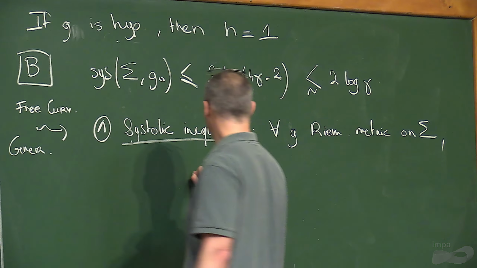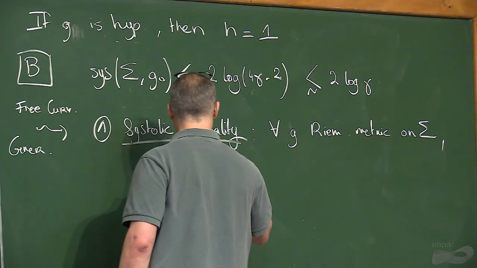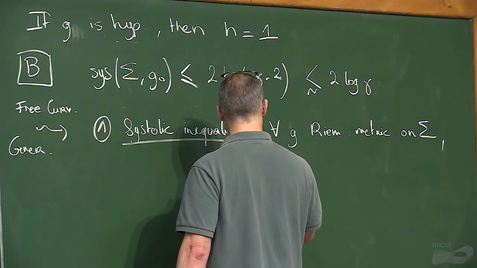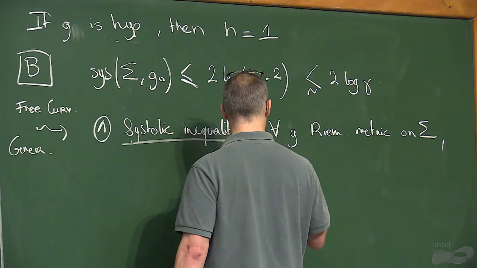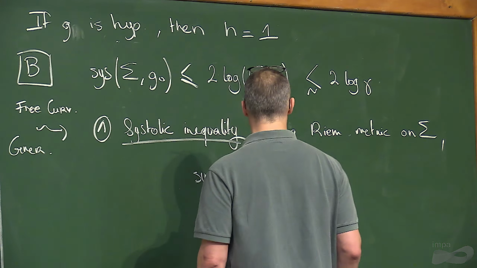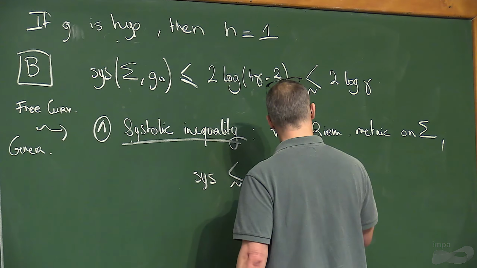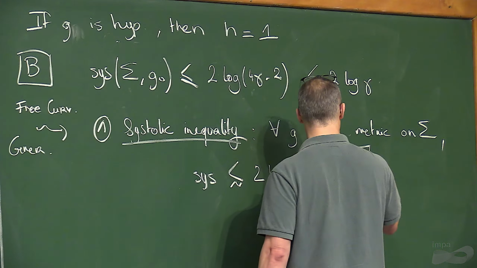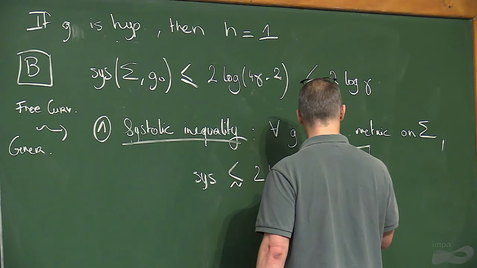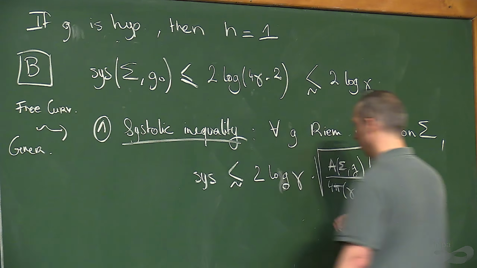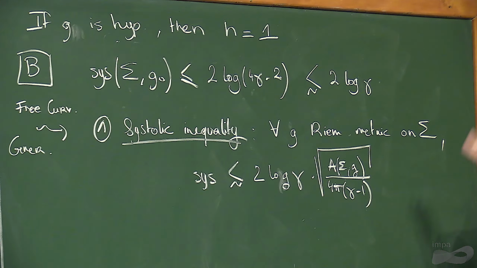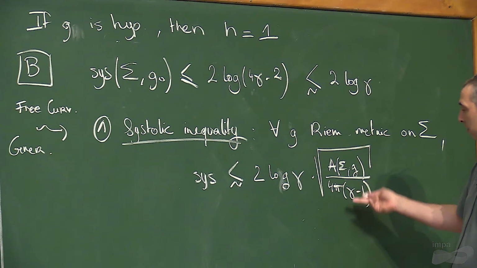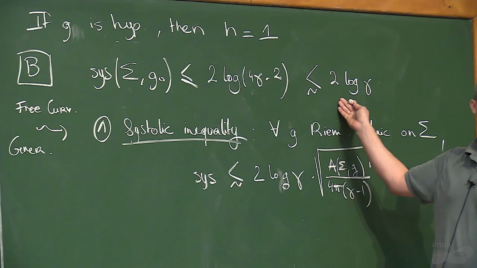Then the systole is bounded by 2 times log of the genus, and you have to multiply by the square root of the area of your metric divided by 4 pi (gamma minus 1). Of course, when the metric is hyperbolic, the area is equal to this factor, and then you recover this upper bound.